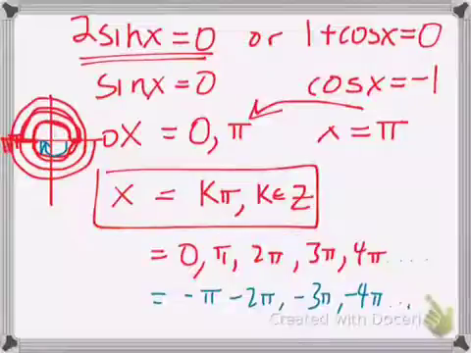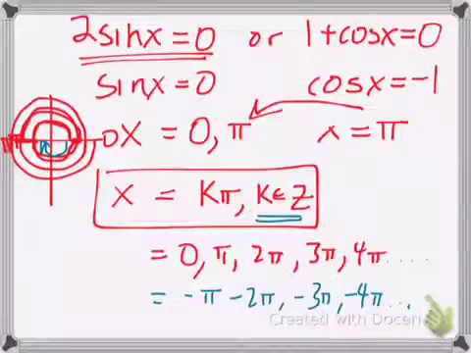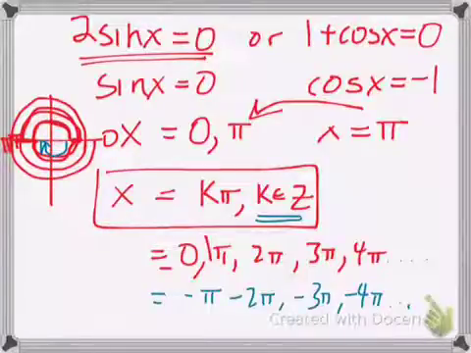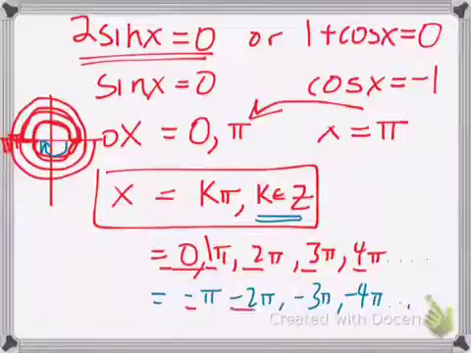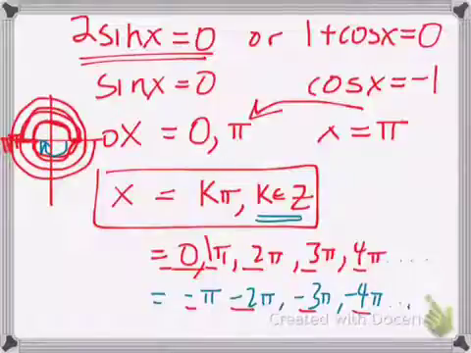So a shortcut way of saying that is every k pi where k is any integer. What are the integers? 0, 1, 2, 3, 4, 5, 6, 7, 8, negative 1, negative 2, negative 3, negative 4, negative 5, negative 6, forever in both directions.